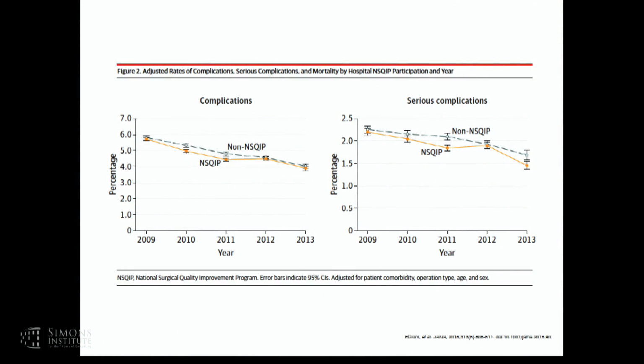And this is just a figure saying, okay, in 2016, somebody had a JAMA article. This is the Journal of the American Medical Association, one of the most high-profile medical journals around, basically showing that just belonging to the NSQIP program doesn't actually make your outcomes any better.